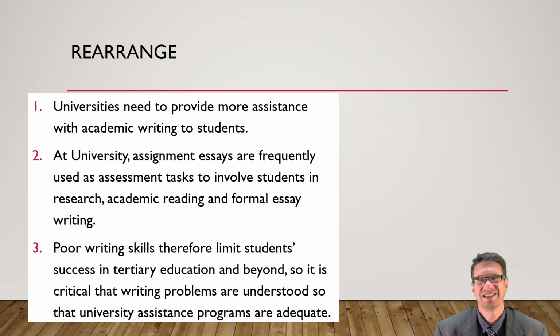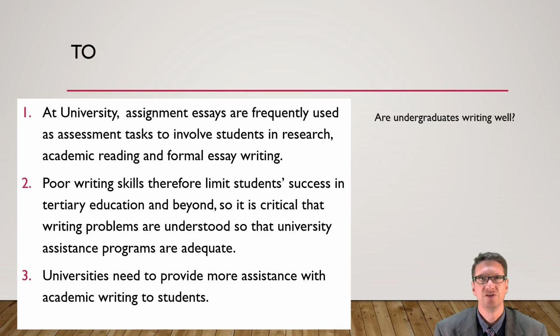Now, that's not too bad as a paragraph of sentences in itself, but look at what a rearrangement of this actually achieves. If we flip this around into a different order, have a look at this. At university, assignment essays are frequently used as assessment tasks to involve students and so on. Poor writing skills therefore limit student success in tertiary education and beyond.